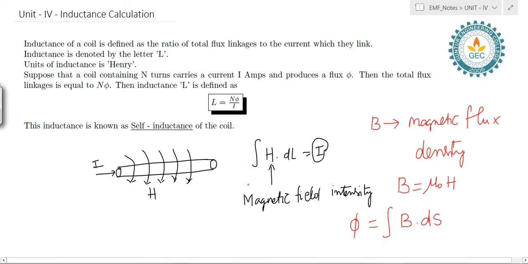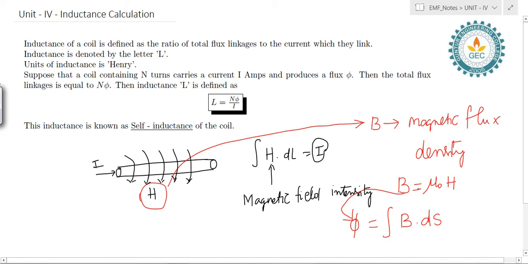The current carrying conductor establishes a magnetic field surrounding it. Because of that, magnetic flux density can be observed. This magnetic flux density results in magnetic flux lines, and these flux lines link with the conductor.